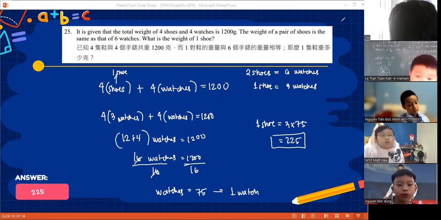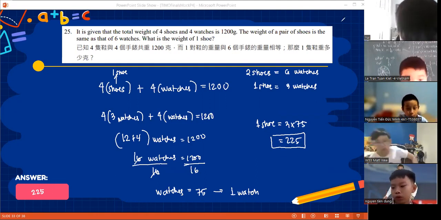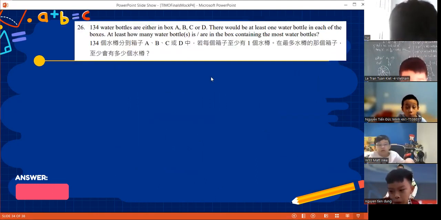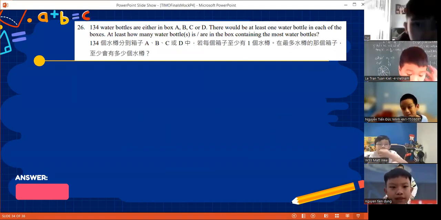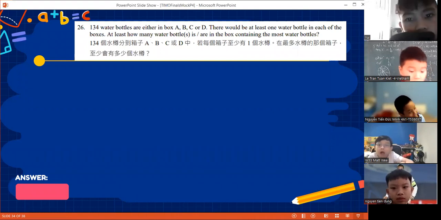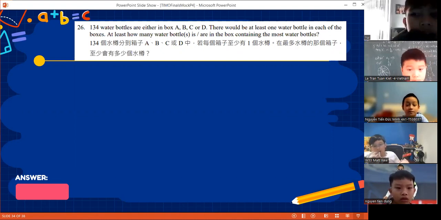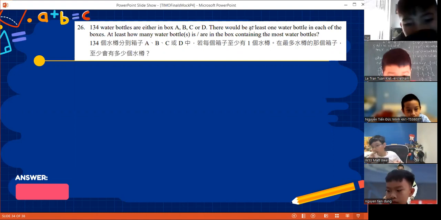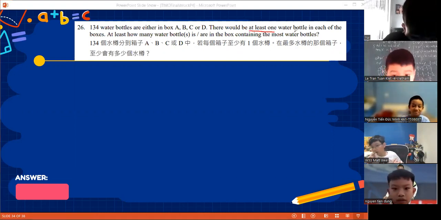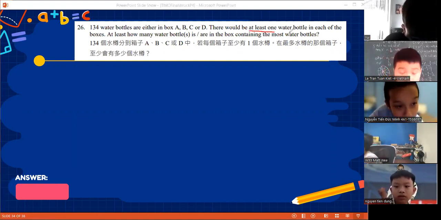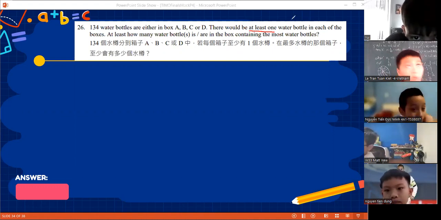Okay, let's have number 26. 134 water bottles are either in box A, B, C, or D. There would be at least one water bottle in each of the boxes. So in each box, there must be at least one water bottle, right?